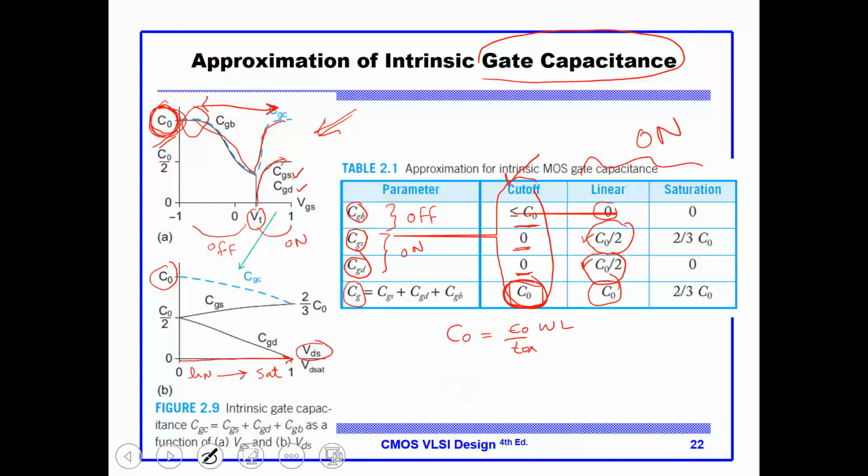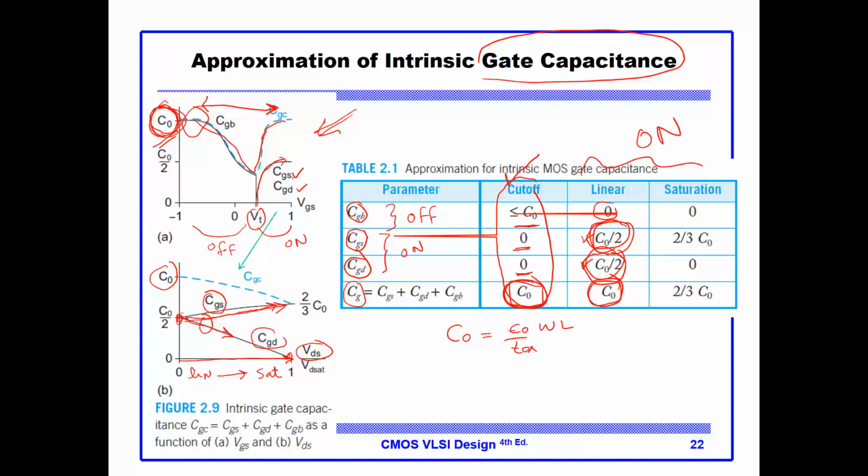When we start at the linear region, we have two components, the gate to source and gate to drain. Both of them equal C naught over 2, as we have seen here, and their total is C naught. But as we go to saturation and we get the pinch-off effect, the drain component goes to 0, and the source component enlarges to 2/3 of C naught.